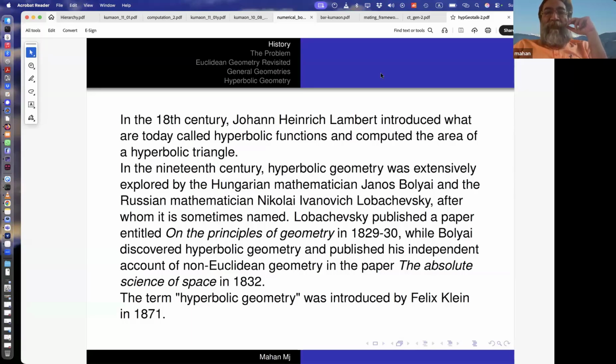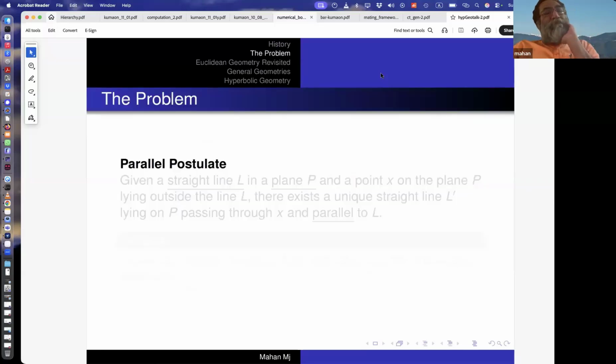Okay, with this much history behind us, let's go back to the mathematics and revisit the problem. The problem is to try to deduce the parallel postulate from the remaining axioms of Euclidean geometry. So what is the parallel postulate? We've stated it in one form: if two straight lines are intersected by a transversal and the sum of internal angles is less than 180 degrees on one side, then they'll meet when extended on that side.